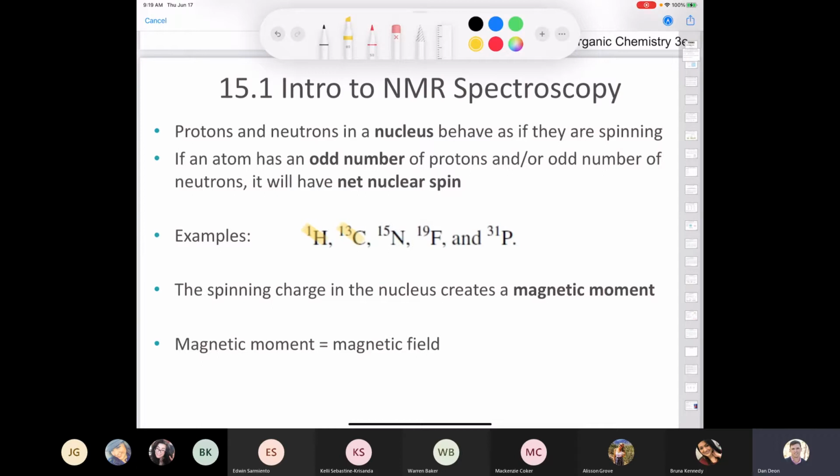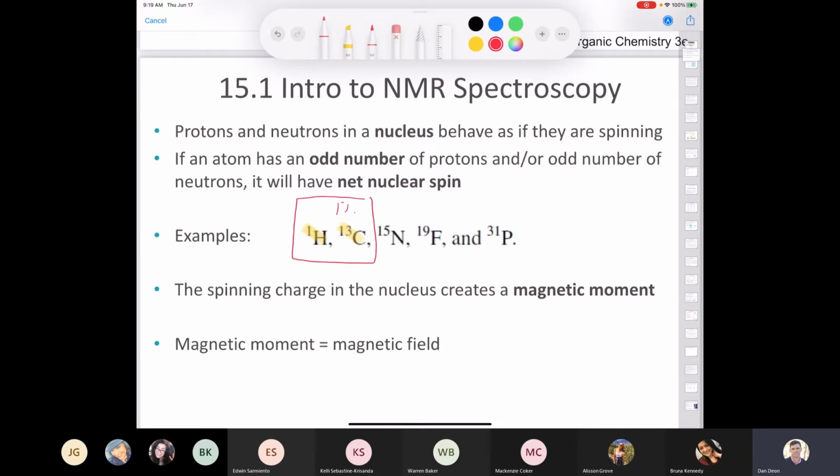It makes up about 99% of carbons, roughly, and around 1% of carbons are carbon 13. Then we have other nuclei like nitrogen 15, fluorine 19, and phosphorus 31. We're not going to talk about nitrogen, phosphorus, or fluorine NMR in this class at all, but we're going to stick to proton and carbon 13 NMR spectroscopy.